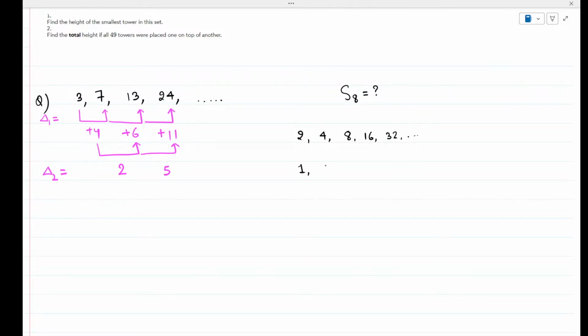So I did it in a way where if you add them, you get the numbers: you get 3, you get 7, you get 13. So do I now just find the sum of these two separately?